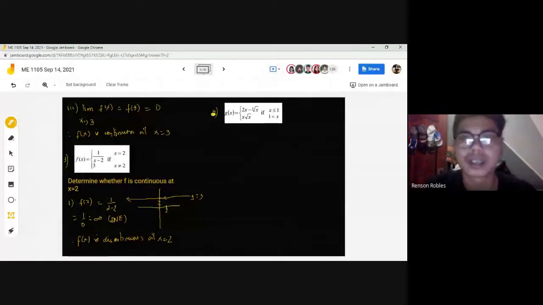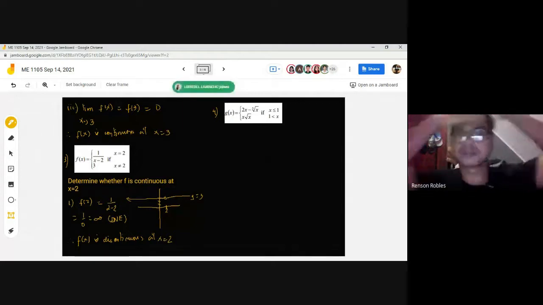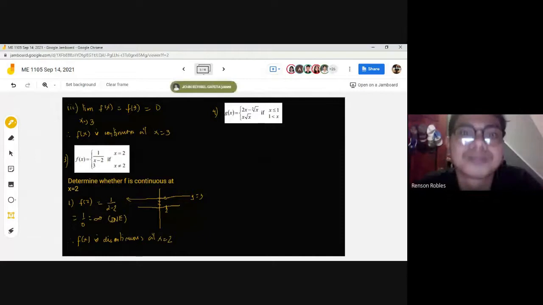Those who want to do it here, or those who want to write on the piece of paper, kindly send it in our messenger. Then ako na lang yung magda-drop ulit dito. Pero you can also drop it here. Susulat nyo sa inyong papel, isasend nyo sa messenger nyo, i-snip nyo.